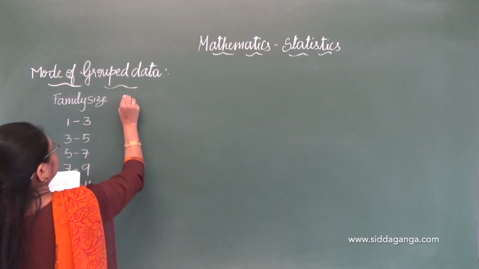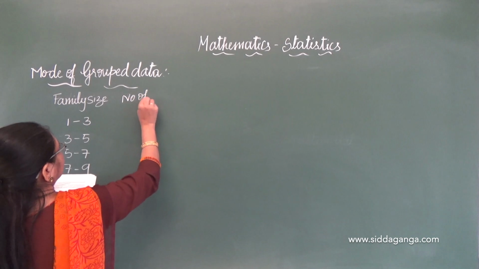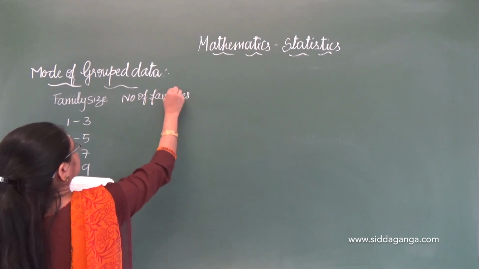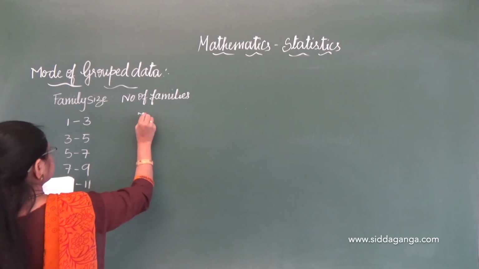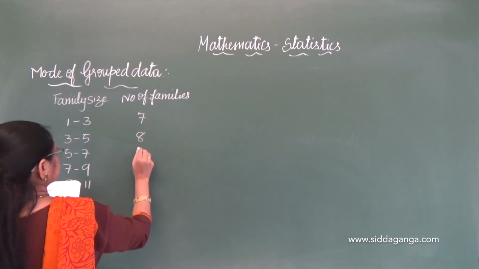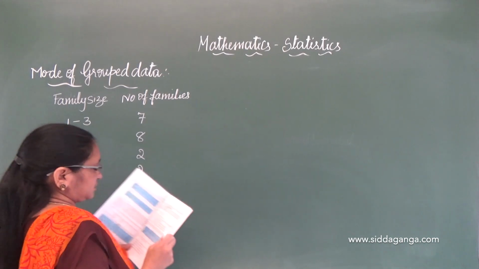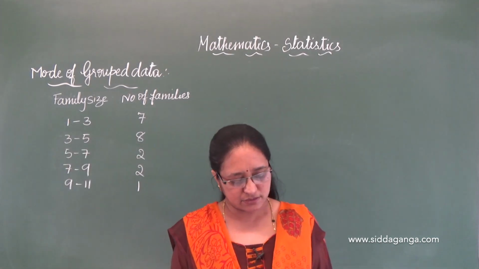Family size and number of families: 7, 8, 2, 2, 1. Okay, 20 households.